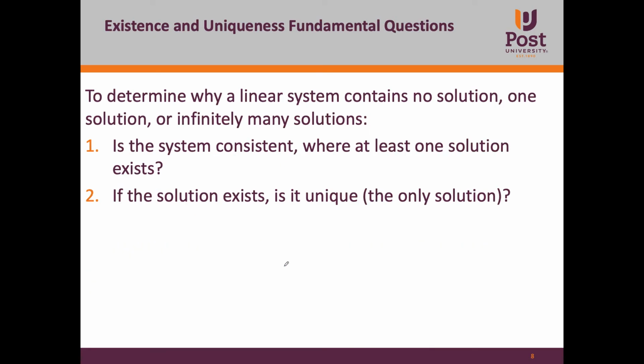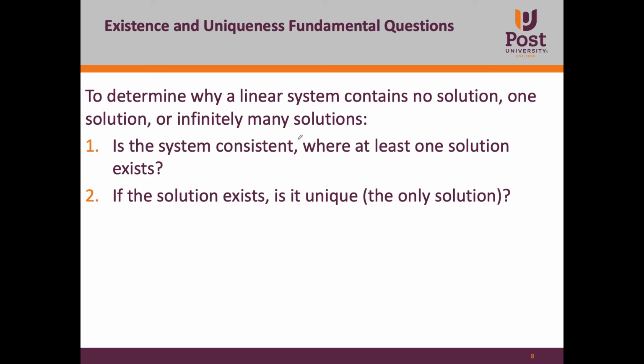And when it comes to a solution set from these linear systems and matrices, we have the idea of existence and uniqueness to think about. So this is to determine why a linear system contains no solution, exactly one solution, or infinitely many solutions. And we ask ourselves, is this system consistent, like my previous example, where at least one solution exists?